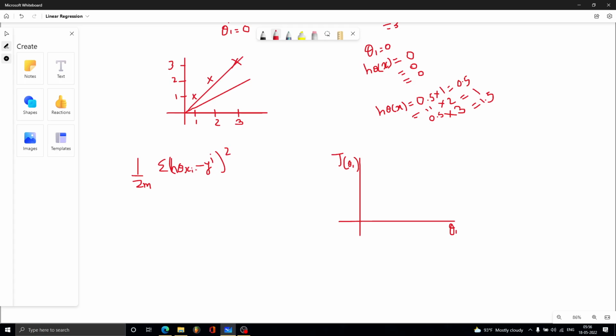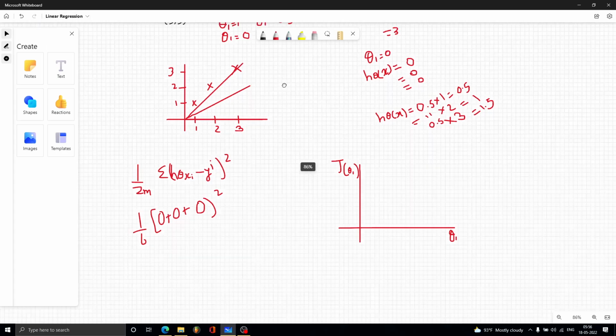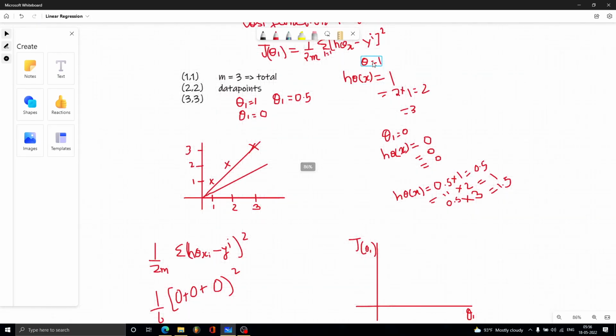What will our values be? Our m is 3, so it will be 1 by 6, and for the first instance we will get 0 plus 0 plus 0. Why 0? You can calculate it yourself also. Here, in the first instance for theta 1 equal to 1, we have 1, 2, 3, our y pred or h theta x value. 1 minus the actual value 1 is 0, 2 minus 2 is 0, 3 minus 3 is 0.